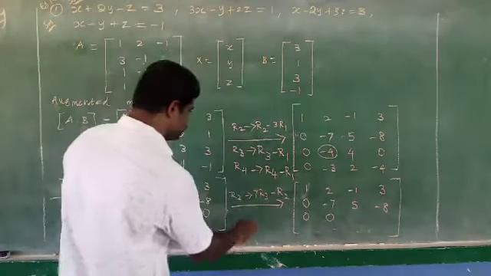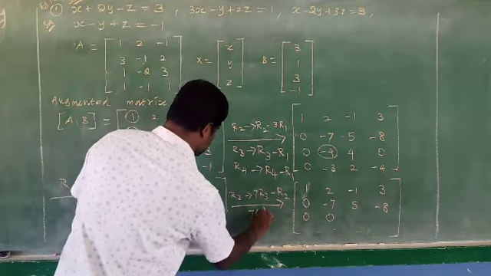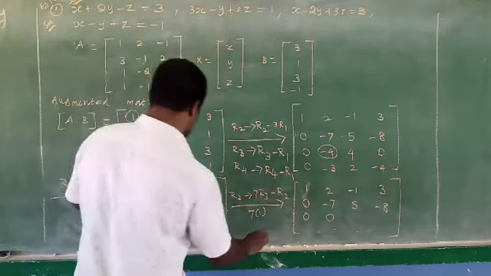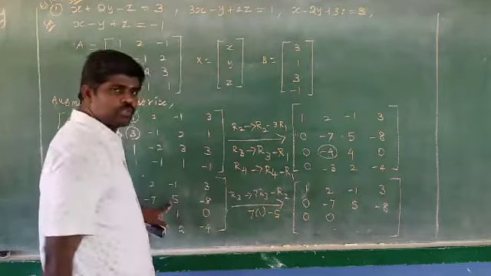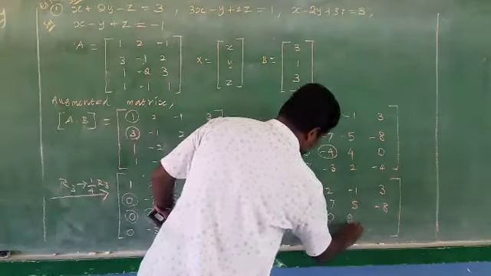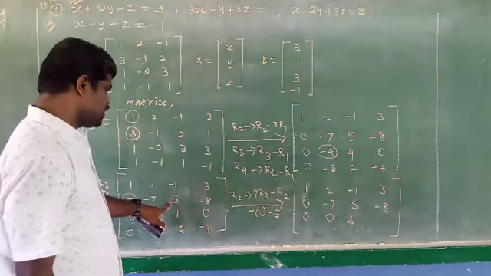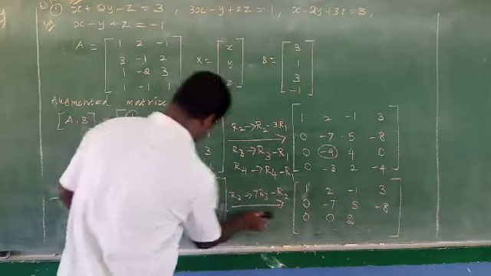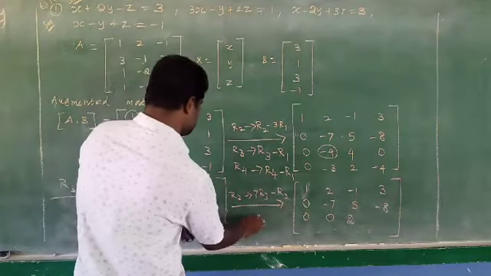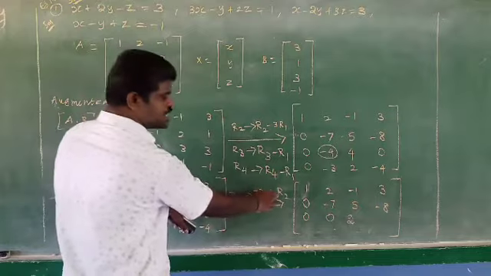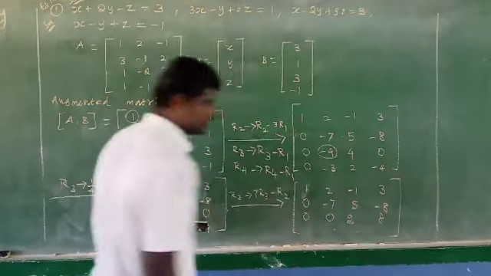Next, this value 7 into R3, minus R2, minus 5. So 7 minus 5, 2. And the next one is 7R3, 0 minus of minus 8, plus 8.